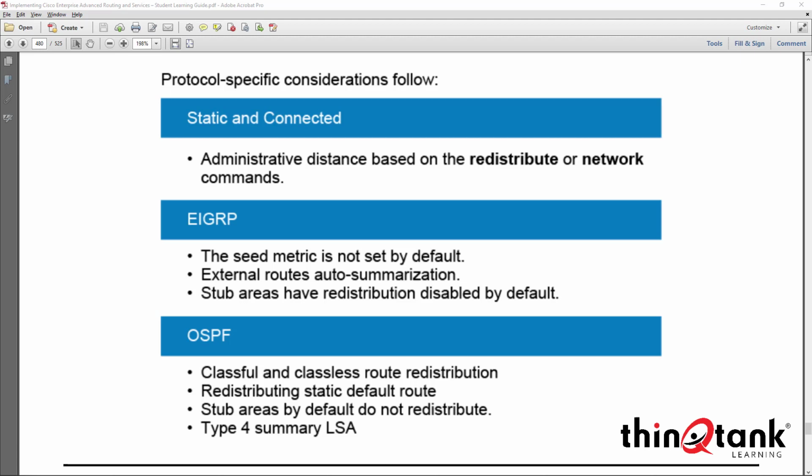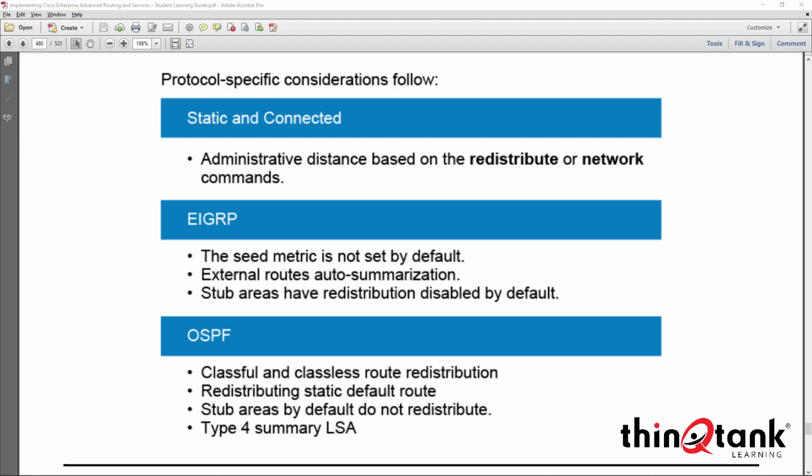So if you have an ASBR in the same area, like we did in our topology in our previous Discovery, you're not going to see the type 4 because we use the type 1s to reach that particular ASBR. So the ASBR itself doesn't generate the type 4s. That's the responsibility of the ABR that is connected to the area, and then those type 4 LSAs go into the other areas that the ABR is attached to.